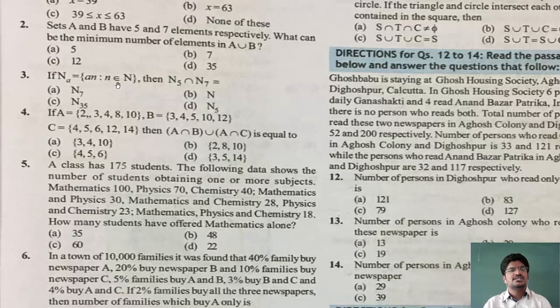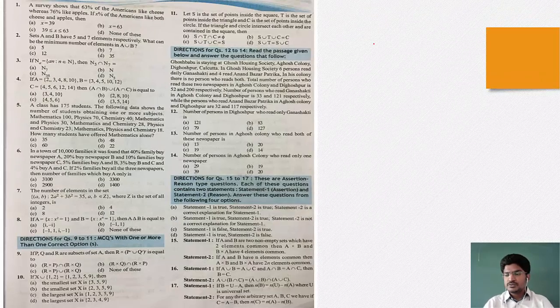So what are they asking from this set? They are asking n of 5 intersection n of 7. That means they are asking for the intersection of multiples of 5 and 7. So now let us calculate. Very simple question. n of 5 means you are going to have the multiples of 5.